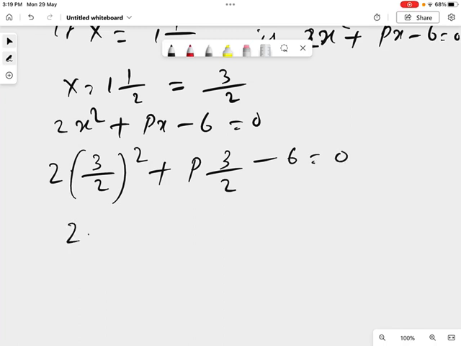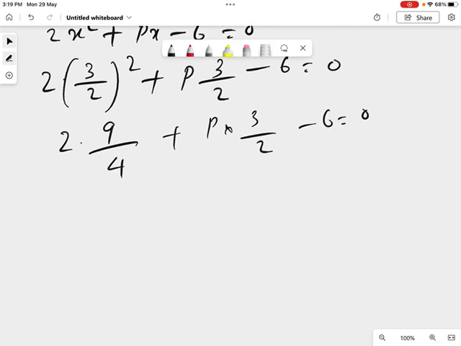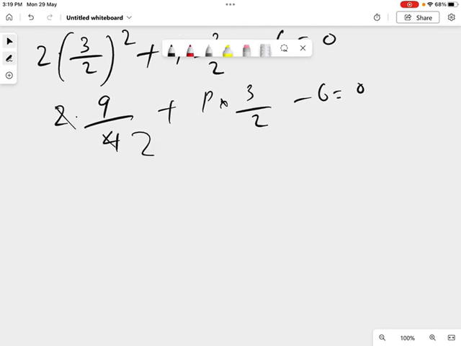Then 2 into 9 by 4 plus p into 3 by 2 minus 6 is equal to 0. So 9 by 2 plus 3p by 2 minus 6 is equal to 0.